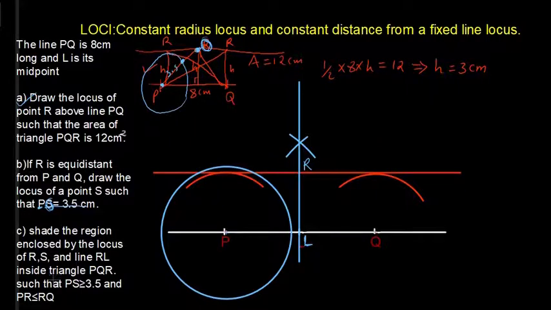So the distance from P to this circle is the PS. So we are told that we should shade the region enclosed by the locus of RS and line RL inside triangle PQR such that PS is greater than or equal to 3.5. So greater than or equal to 3.5, that would mean a distance beyond the radius.